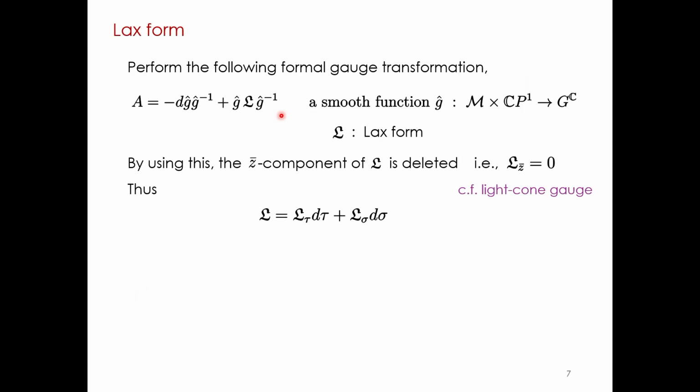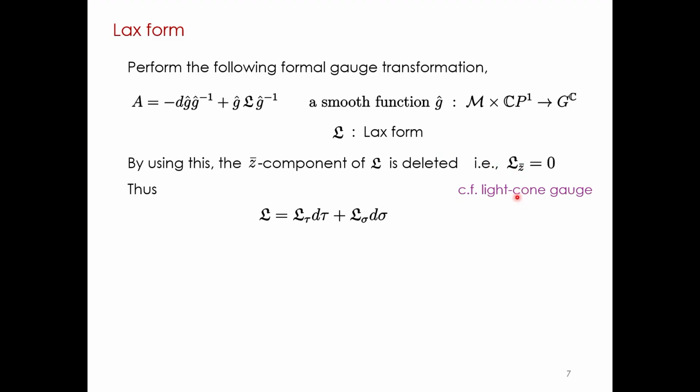Okay, so let me introduce the Lax form by performing gauge transformations on the gauge field A like this. Then we can introduce the Lax form L like this. In taking these gauge transformations, we can choose some gauge conditions like this.